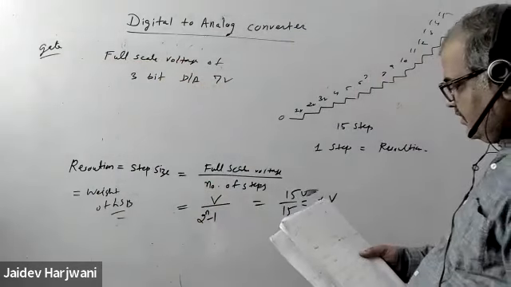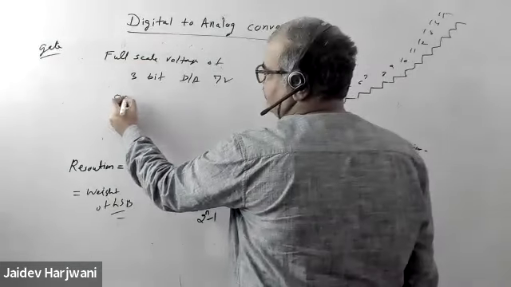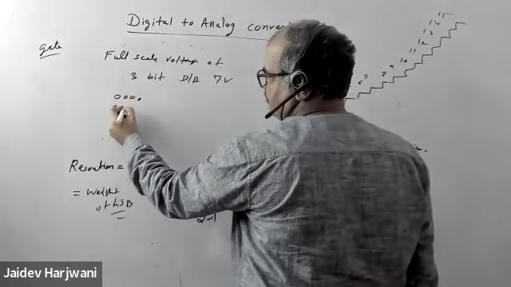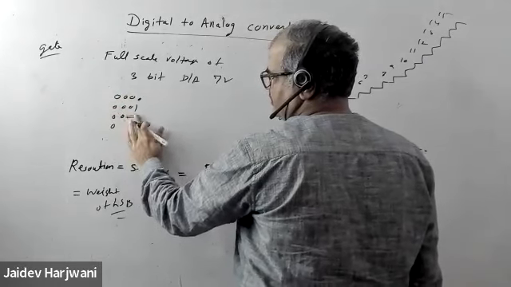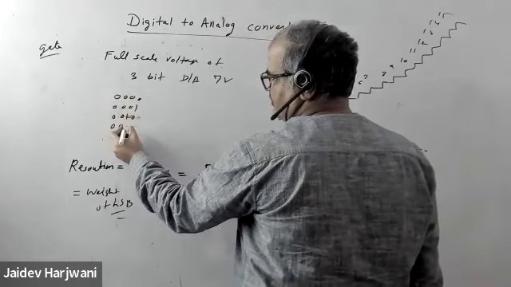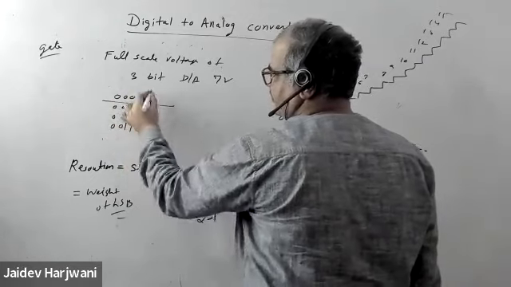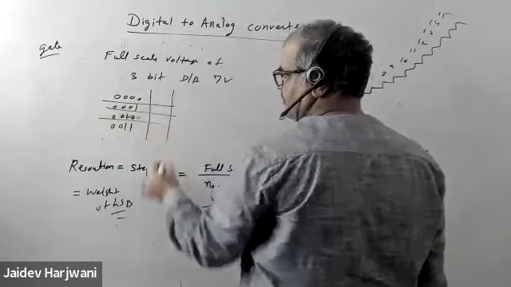They are asking, what is the weight of these inputs: 000, 001, 010 and 011? What is the weight of these digital inputs?